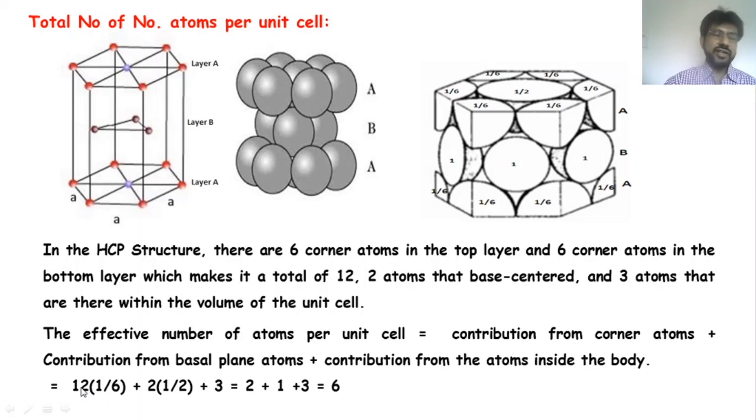So we can write here 12 into 1 divided by 6, plus 2 into 1/2, plus 3, which equals 6 here. Therefore, we can say that 6 atoms are present in a single unit cell.